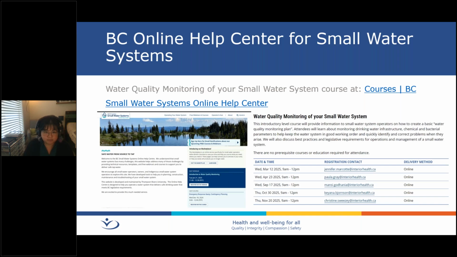So please don't hesitate to register for these courses. Here on the right side, you'll see the 2025 schedule for the course, so you can register for any of these courses.